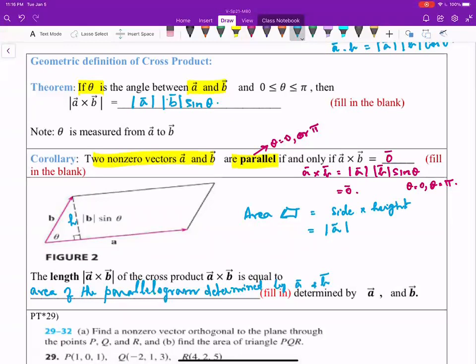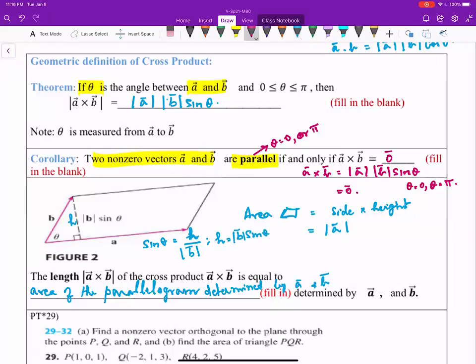The vector B is making an angle of theta with A. So sine theta would be equal to opposite over hypotenuse. So we get sine theta equal to height divided by length of B. So height would be equal to length of B times sine of theta.